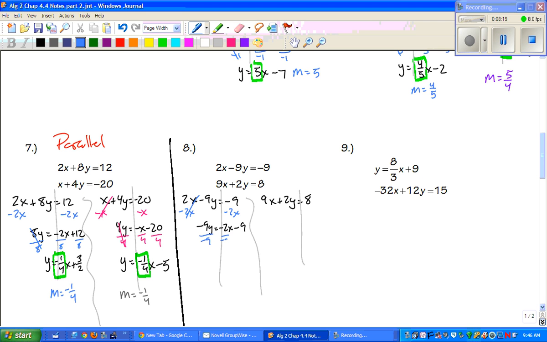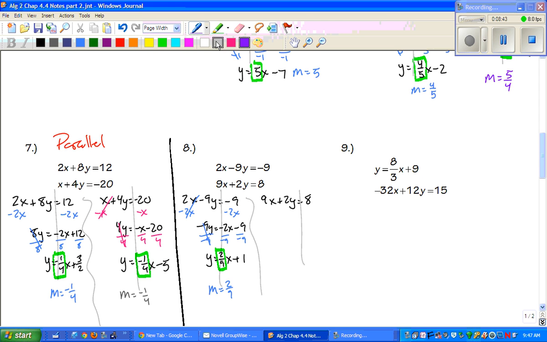Divide everything by negative 9. We get y equals 2 over 9x plus 1. So our slope is m equals 2 over 9.